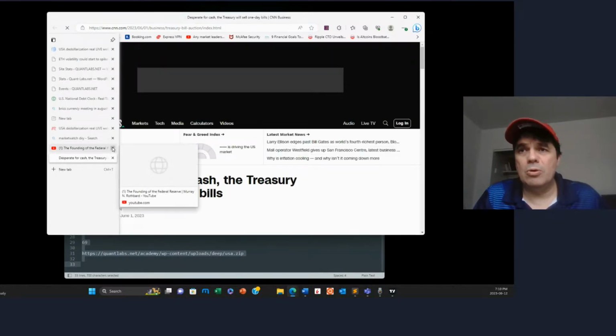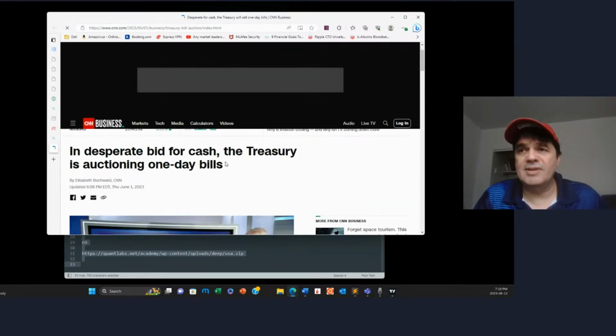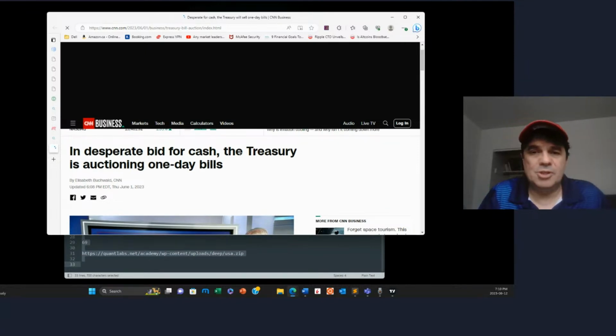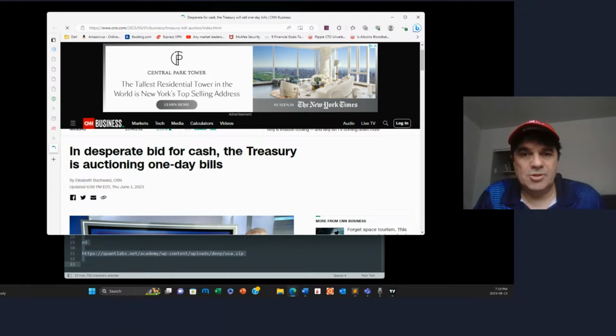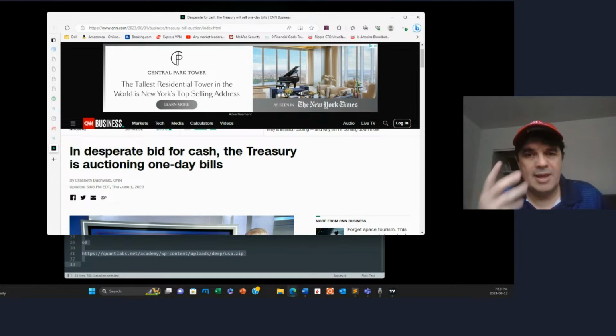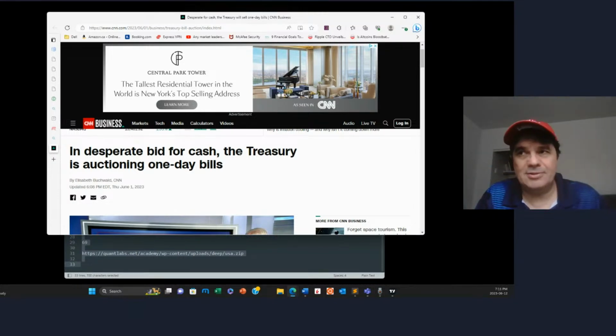Basically, the headline is: in desperate bid for cash, the Treasury is auctioning 1-day bills. So let me repeat that. This is the U.S. government trying to stay alive, keep their lights on, basically. In desperate bid for cash, 3 times now, the Treasury is auctioning 1-day bills.